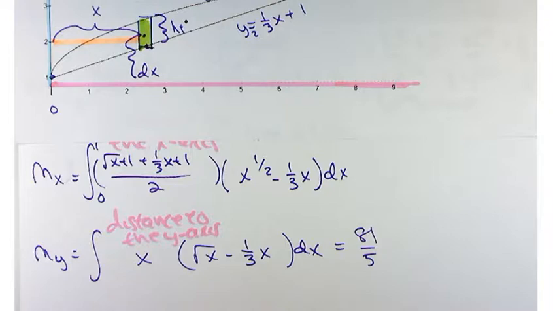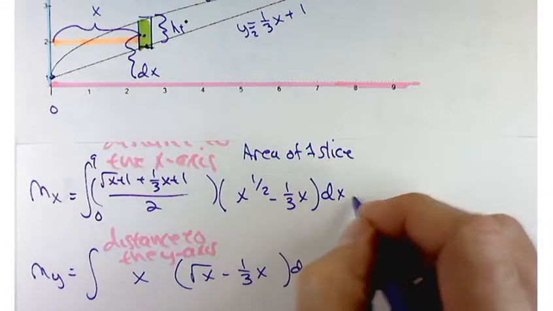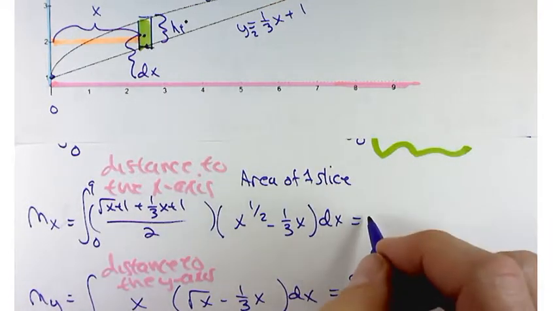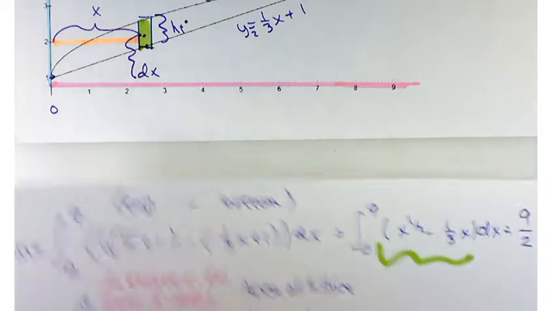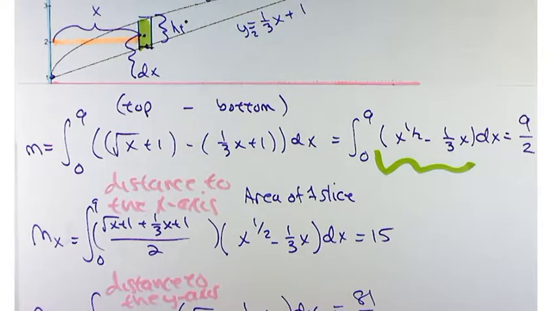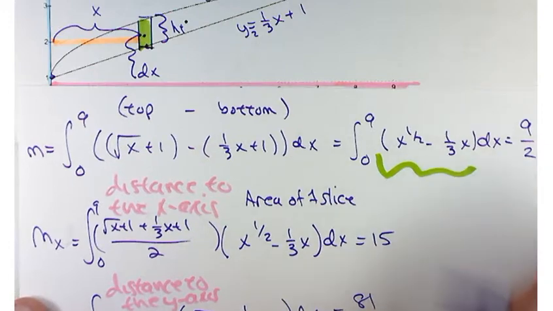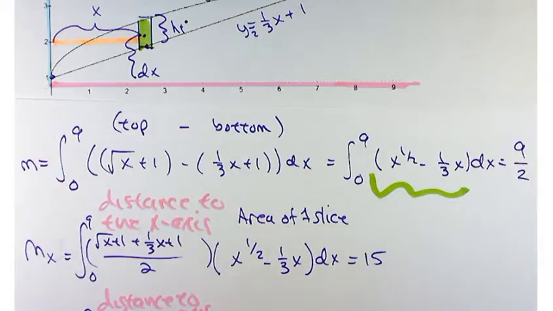Mx turned out to be 15. And let's put that all together to find the actual center of mass and see if we get something that makes sense.